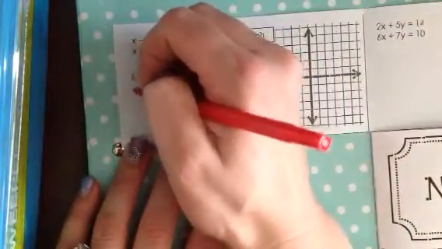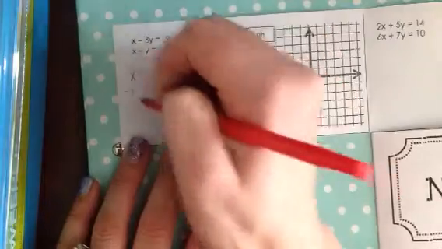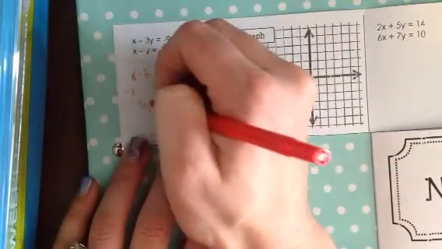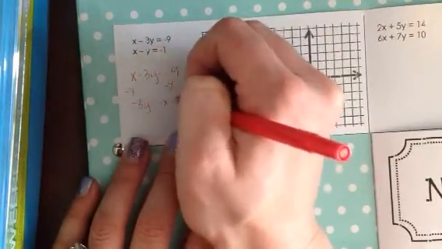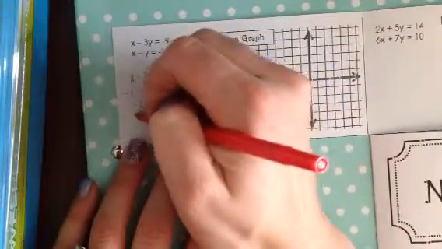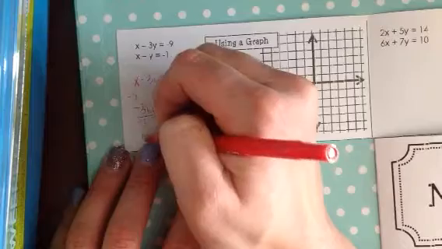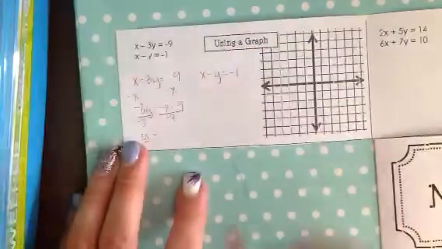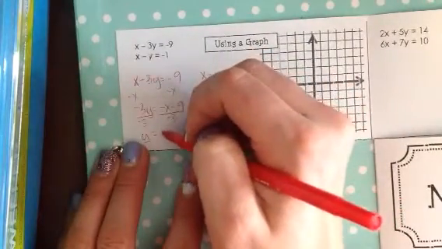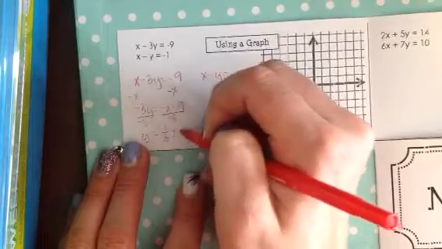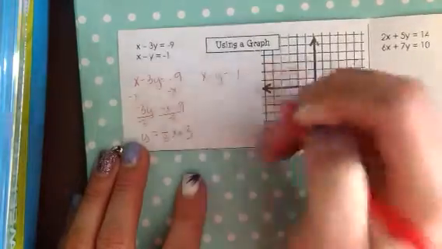I'm going to subtract x from both sides and get negative 3y equals negative x minus 9. And then I'm going to divide both sides by negative 3 and get y equals positive 1/3 x plus 3.